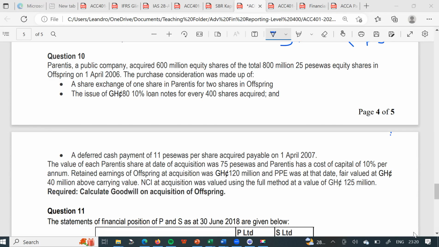For question 10, Parentis acquired 600 million of the total 800 million equity shares in Offspring on 1st April 2006. The purchase consideration was made up of a share exchange of one share in Parentis for two shares in Offspring.